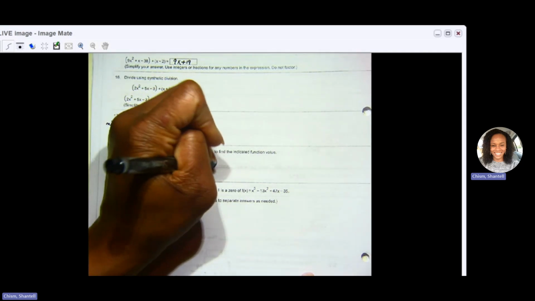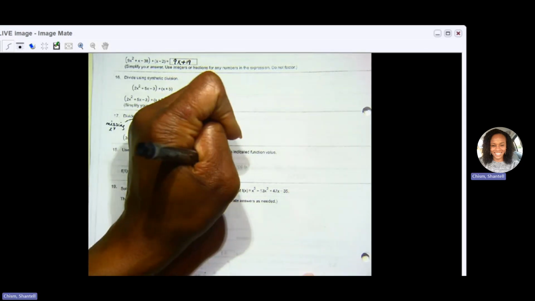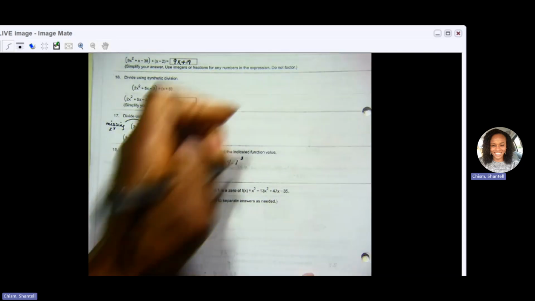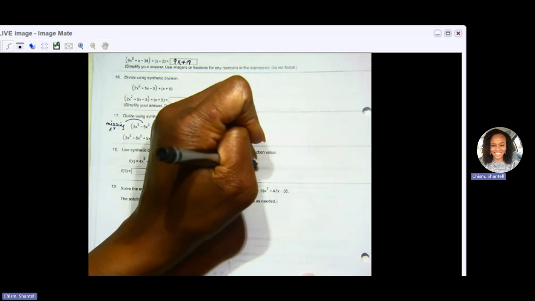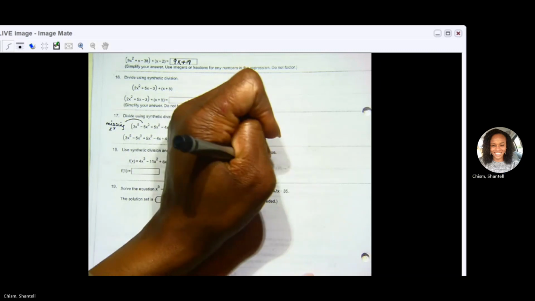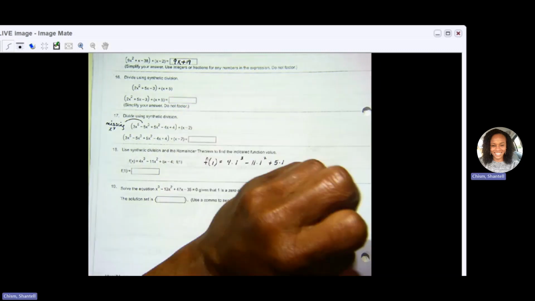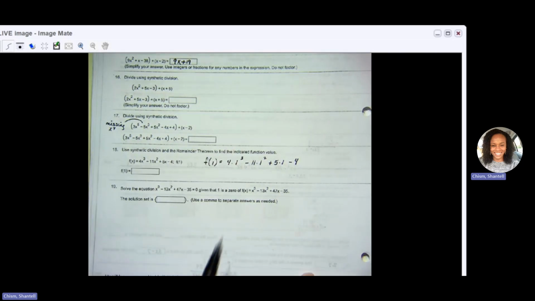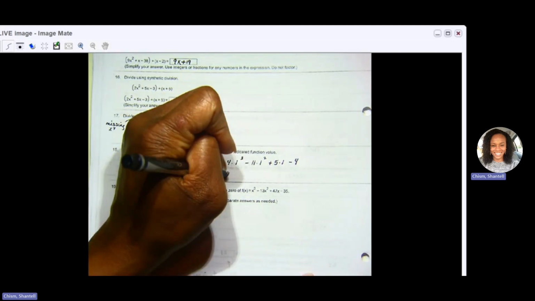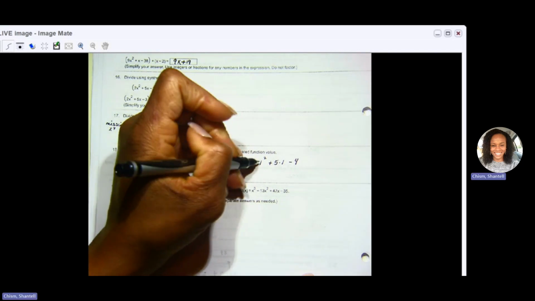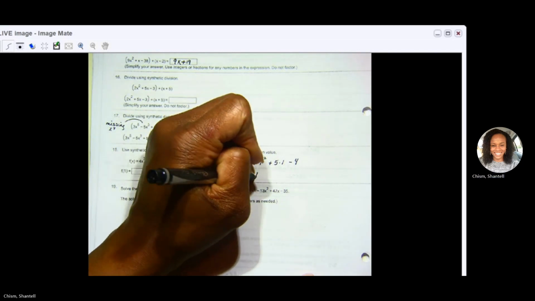So f at 1 will be 4 times 1 cubed minus 11 times 1 squared plus 5 times 1, and then minus 4. Okay? So 1 cubed is still just 1. 1 squared is still just 1.